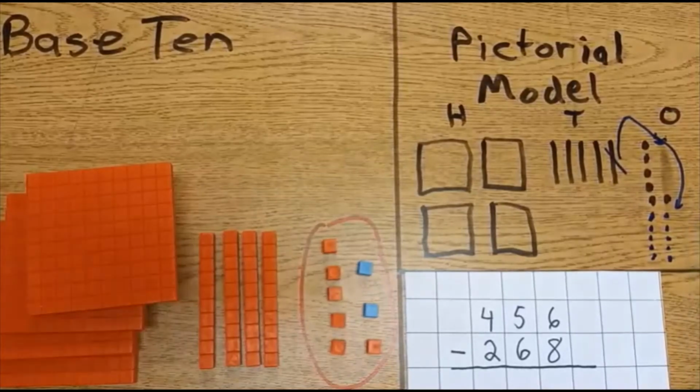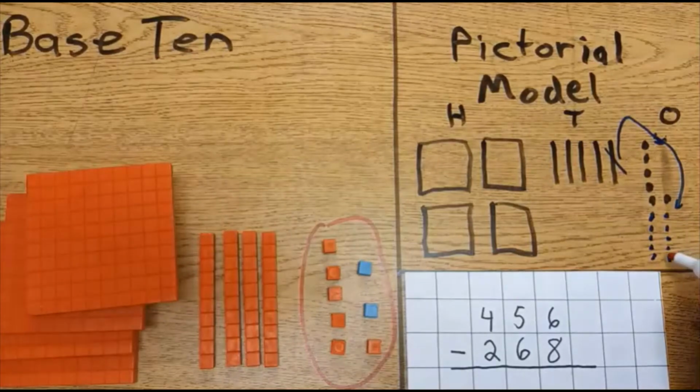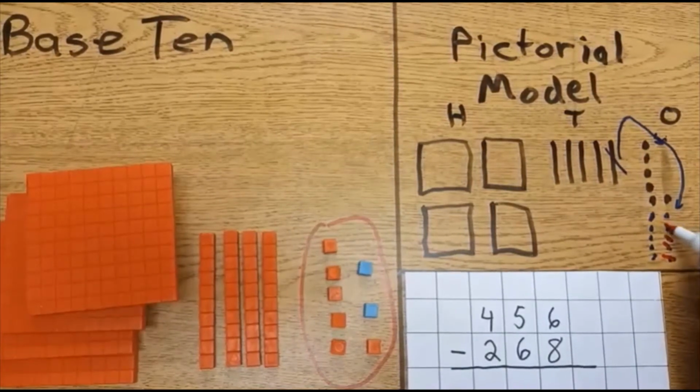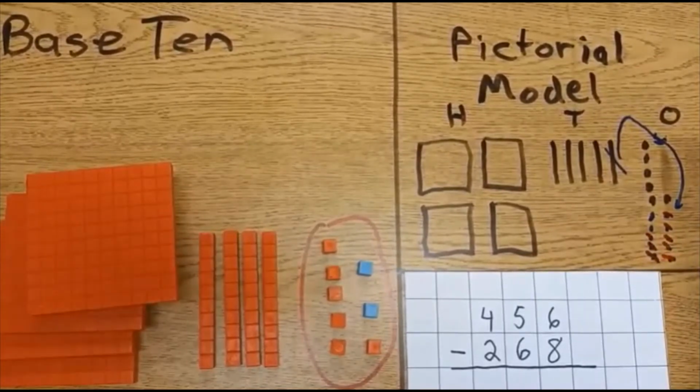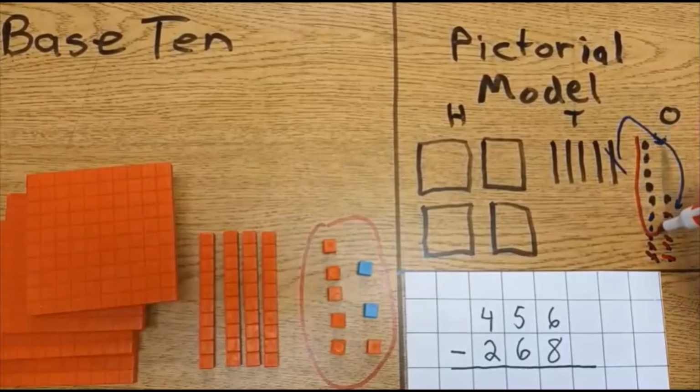Okay, now I can take 8 away from that. That would be 1, 2, 3, 4, 5, 6, 7, 8. And that looks like it leaves 8. 1, 2, 3, 4, 5, 6, 7, and 8.